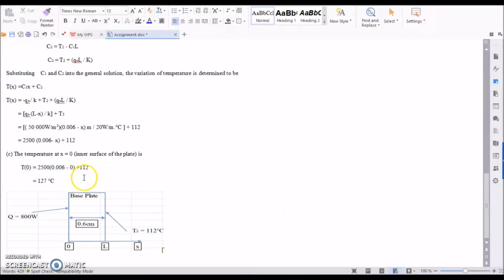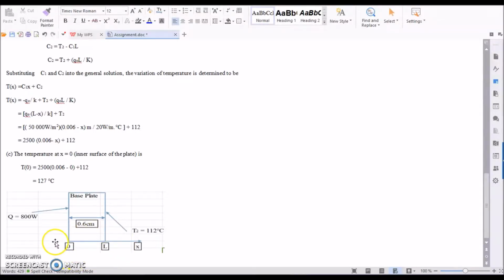So the base plate, first the inner surface, which is on the left side, the boundary condition is heat flux q, which we already found in part A, and the position at this part is x equals 0. x is the thickness.